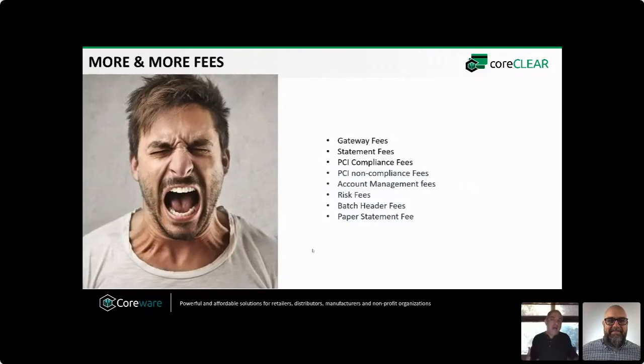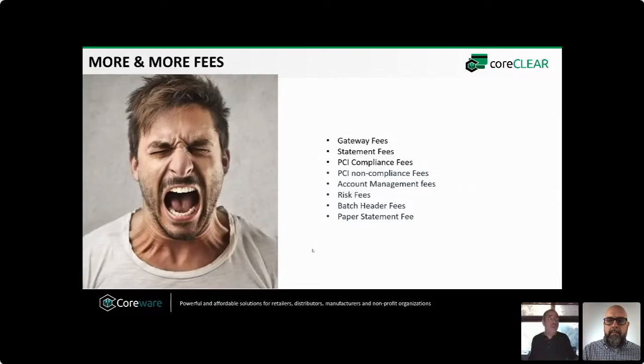So again, we've got gateway fees, we've got statement fees, we've got PCI compliance fees, we have PCI non-compliant fees, we've got account management fees, we have risk fees, we have batch header fees, we have paper statement fees, and the list probably goes on, right? And you have qualified card fees and non-qualified card fees, and it's literally, it can make your head spin.